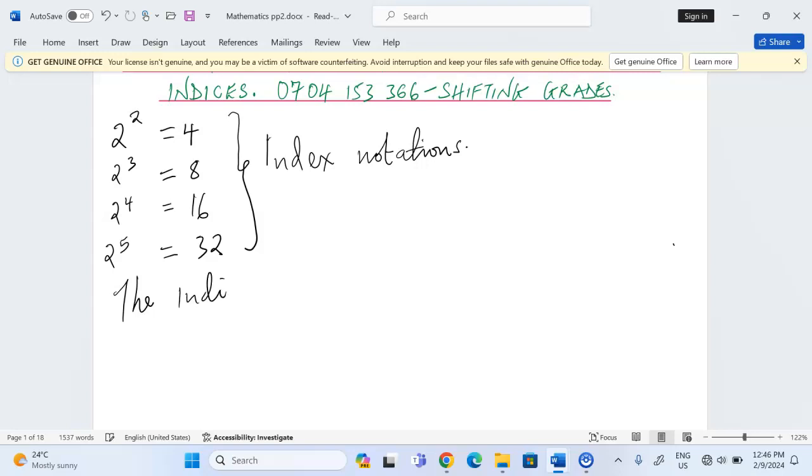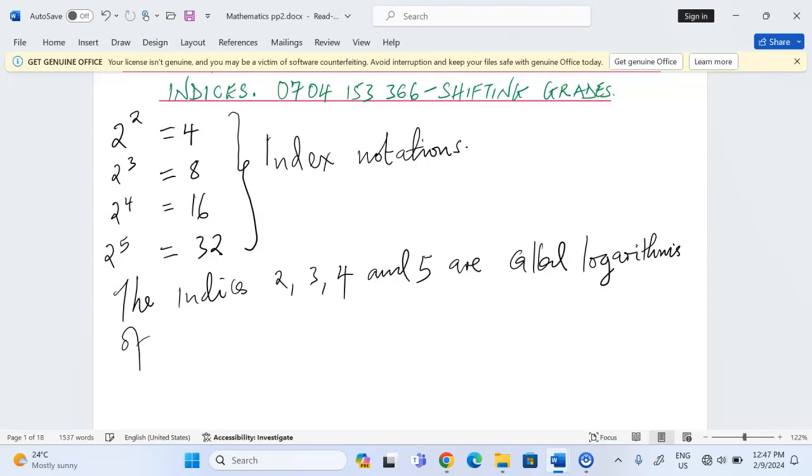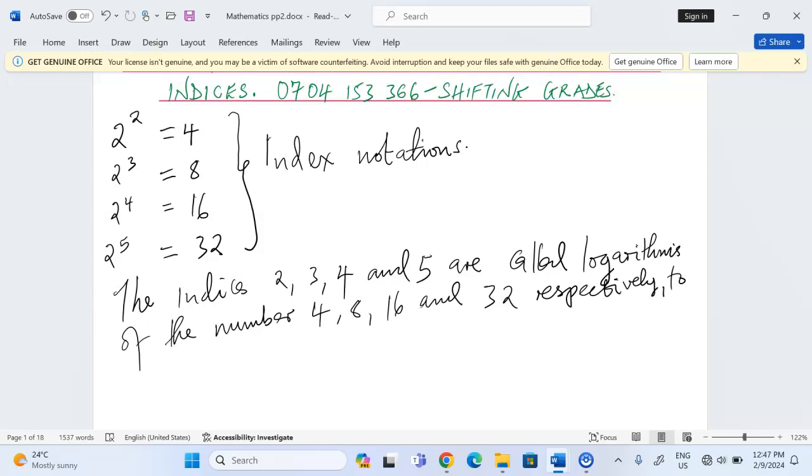The indices, which in this case are 2, 3, 4, and 5, are called logarithms of the numbers 4, 8, 16, and 32, respectively, to the corresponding base, or to base 2, because the base is 2.